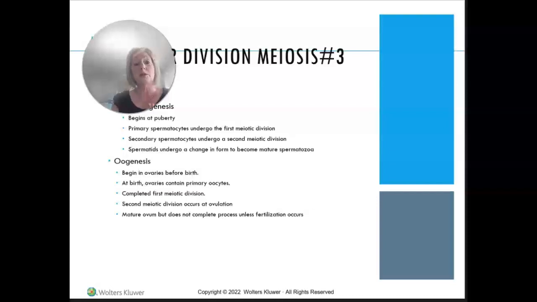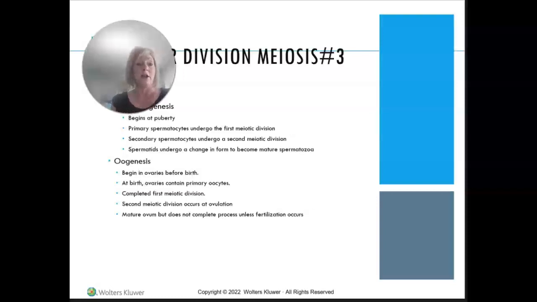They start producing their sperm at puberty. That primary spermatocyte undergoes its first meiotic division. Then that second meiotic division happens and they become mature spermatozoa, able to penetrate an ova. So that's spermatogenesis. That happens at puberty for males.